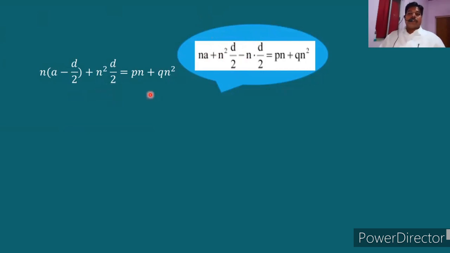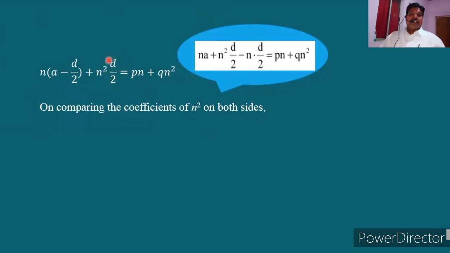After getting this, I will compare the coefficients of n square on both sides. What is the coefficient of n square in the LHS? It is d by 2. And what is the coefficient of n square in the RHS? That value is nothing but q. By comparing the coefficients of n square on both sides, these two terms will be equal.